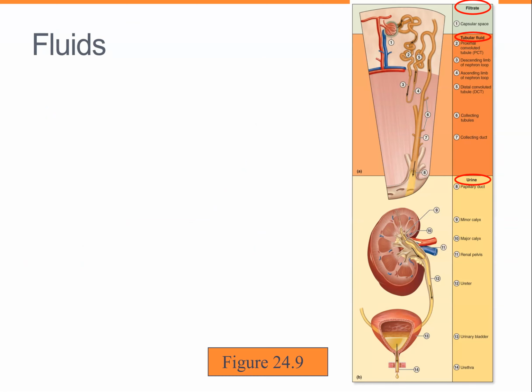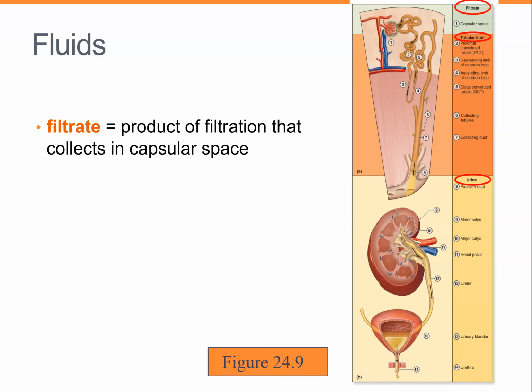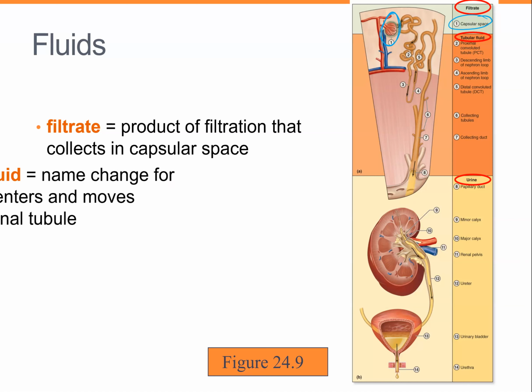We've mentioned it briefly. Let's run through where all these things are and what it's called along the way. So the filtrate is going to be what you make during that process of filtration. Kind of makes sense, right? And that's that fluid that's going to accumulate in that green area that you see there in the capsular space. So through the pushing out of the fluid through those filtration slits into the capsular space, that's called filtrate.